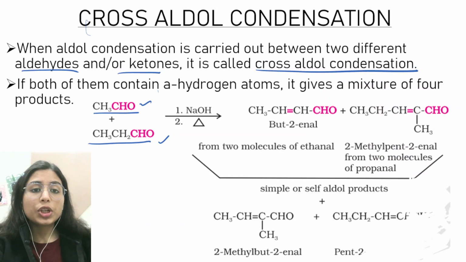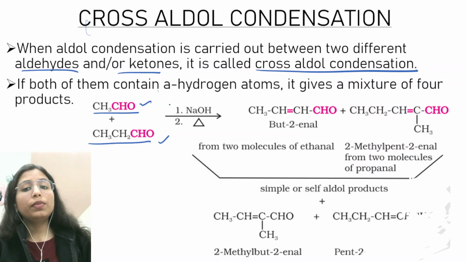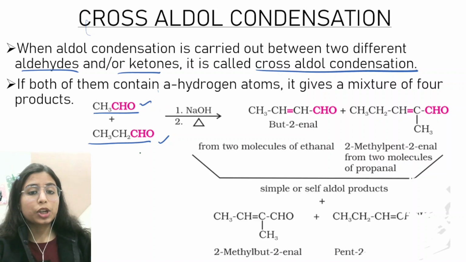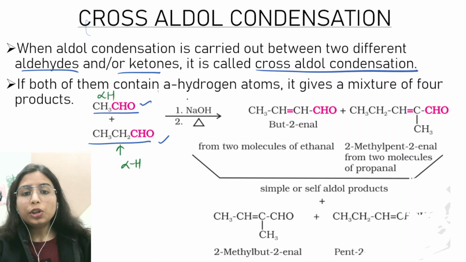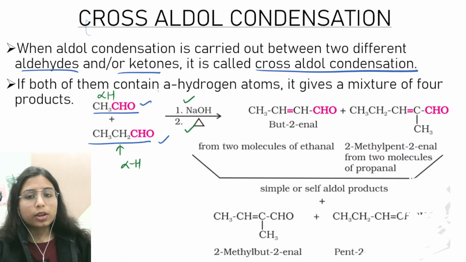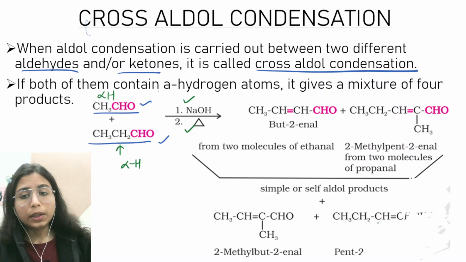Now the question arises, how many products in total are we able to get out of this reaction? First you have identified that it contains alpha hydrogen and this is also containing alpha hydrogen. Now the reagent you will check is a base and heat, which means that aldol condensation is going to take place. If you look at the possibilities, there will be in total 4 possibilities.